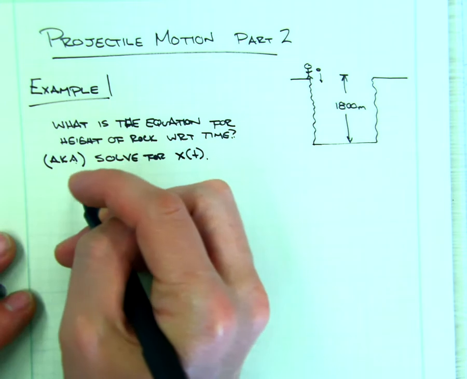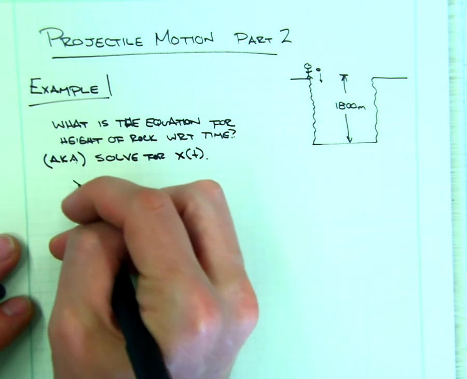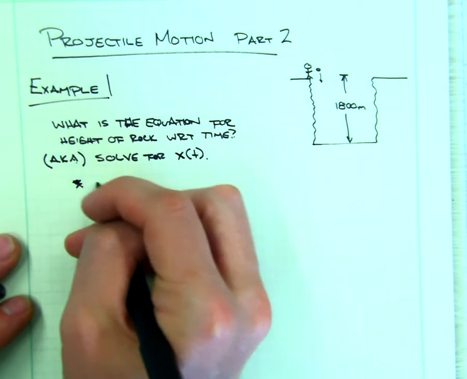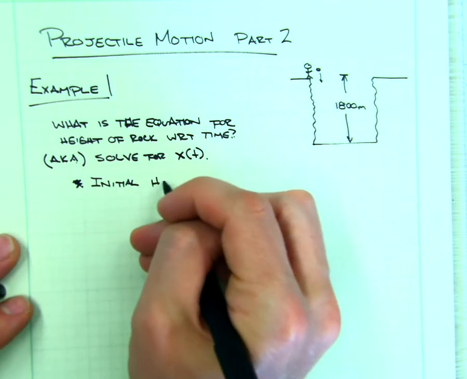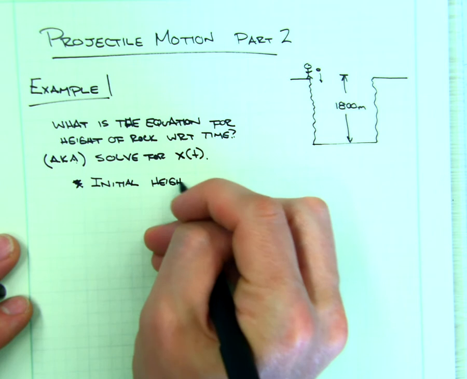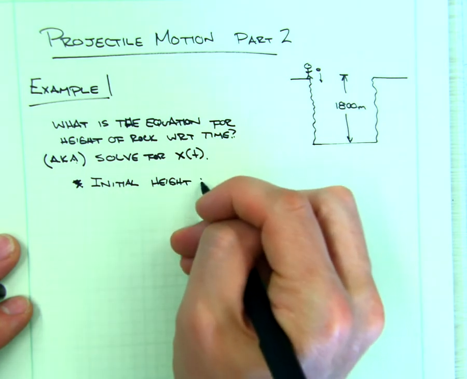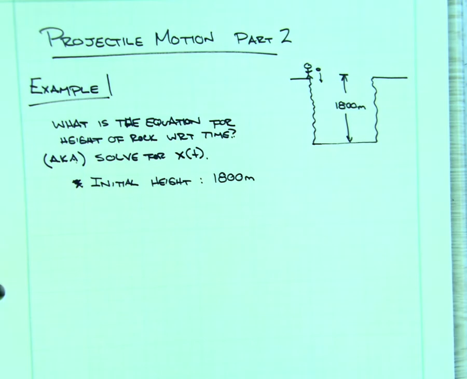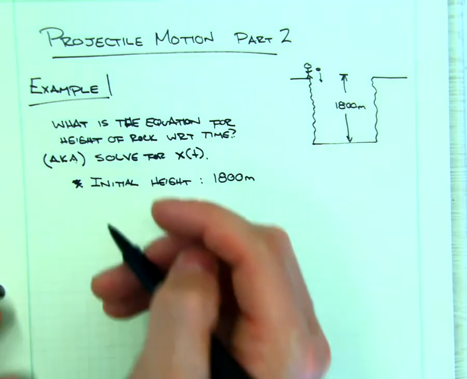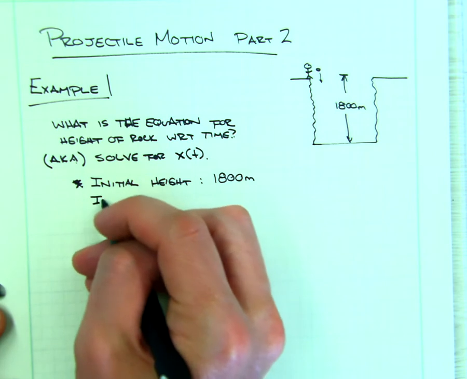Okay, so I know that the height, so x, I'm going to put initial height, is going to be equal to 1,800 meters. I also know, if I think about the problem, and this is where I urge you guys to start thinking about these problems with a little bit more clarity, you also know what the initial velocity is.